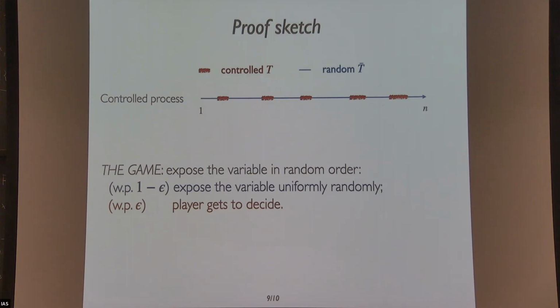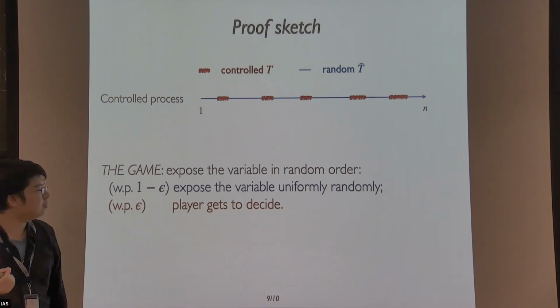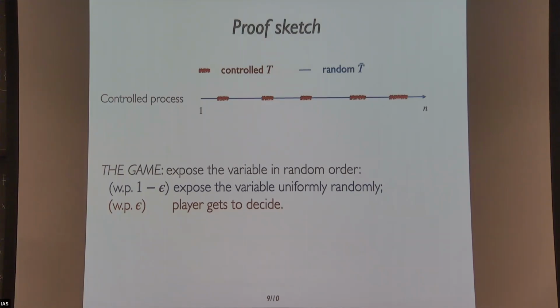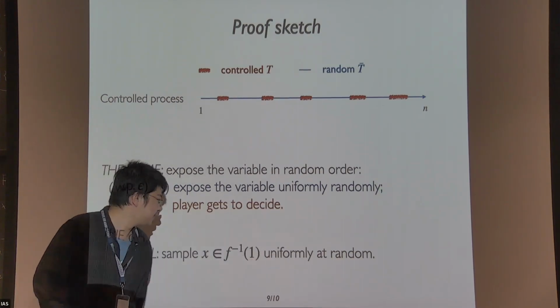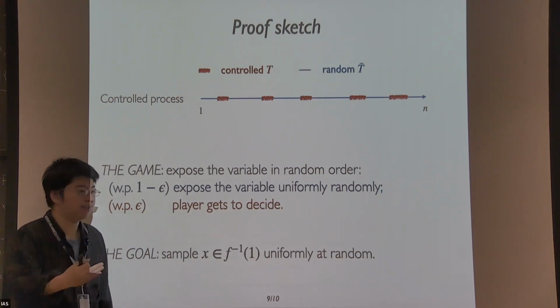When a variable comes, we expose it as follows: with probability 1 minus epsilon, the variable will be fixed uniformly at random, so it is going to be 0 or 1 with half-half probability. And with the remaining probability, the player gets to decide the value of the variable. You can do whatever you want, but the goal is that in the end, the string we get should be a uniformly random sample from the pre-image of 1 for this function.